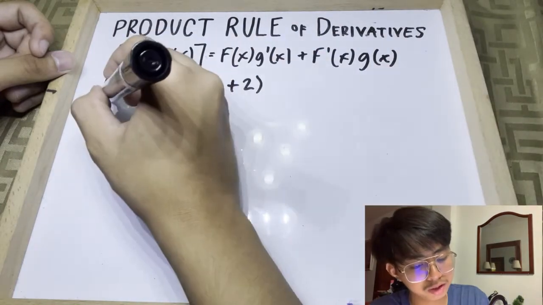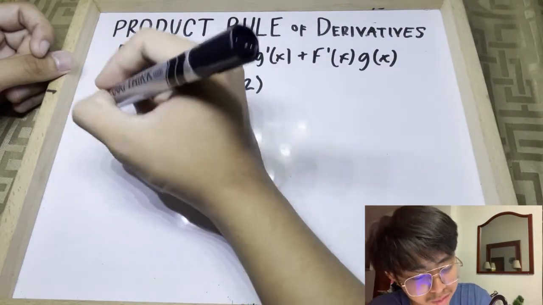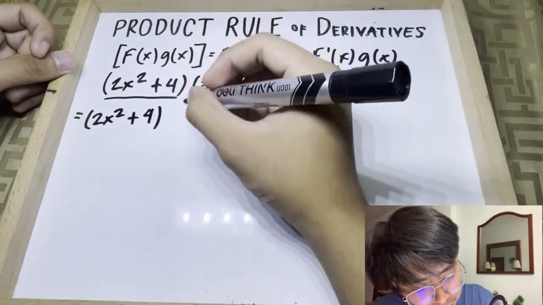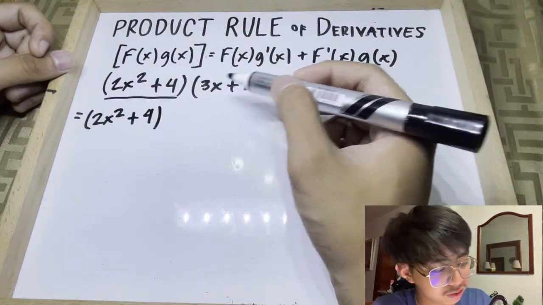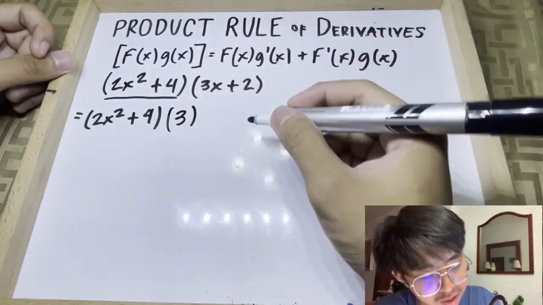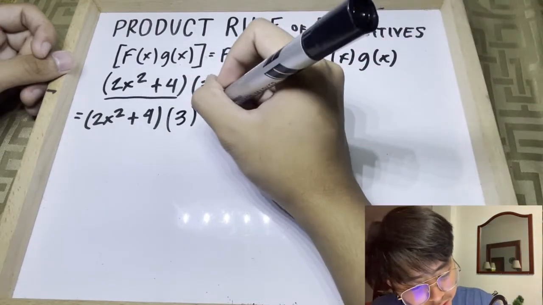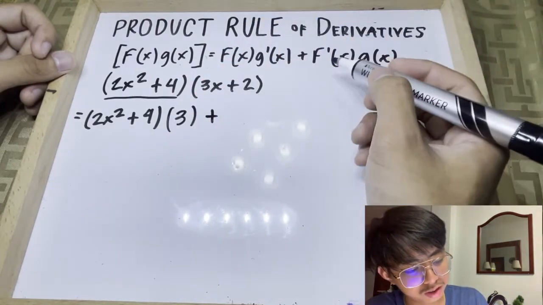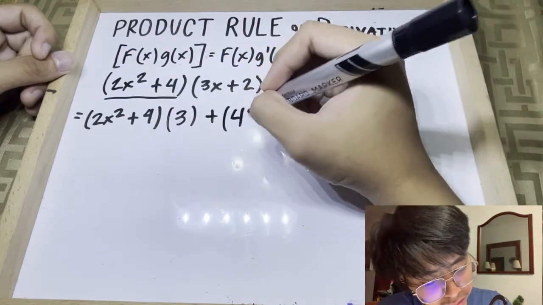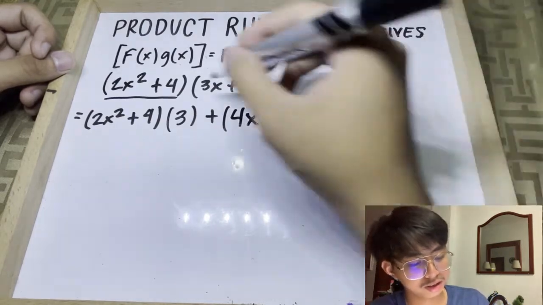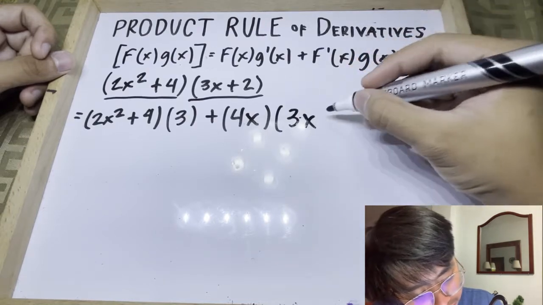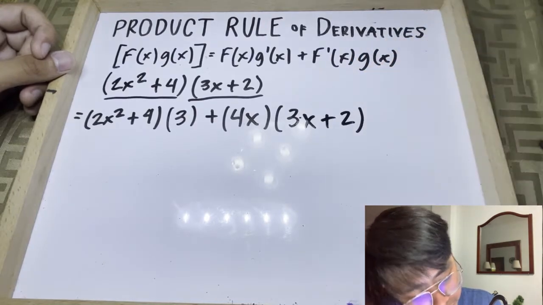Now, copy the first term, which is 2x squared plus 4. Then, get the derivative of the second term, which is 3. There. And plus, get the derivative of the first term, which is 4x. There. And then copy the second term, which is 3x plus 2.